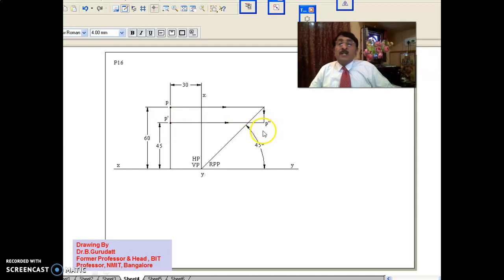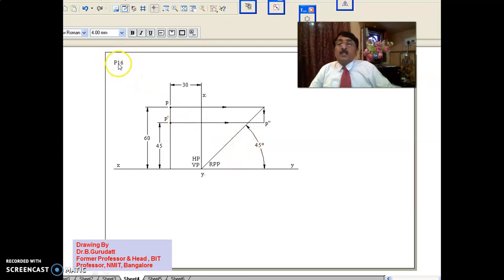If you have done correctly, the distance behind VP, this 60 mm, will be this also, 60 mm only. Always see that for the front view and the side view, the distance above HP will be the same. That is why this 45 means this will also be 45. And when you meet the 45-degree line and come down or come up, this and this should be on the same projector. Now you know very well it's a second quadrant problem.